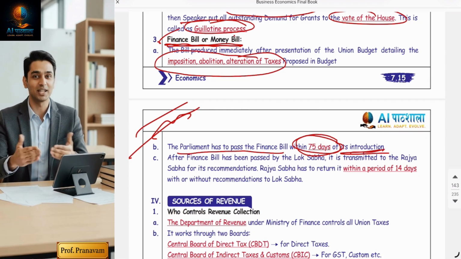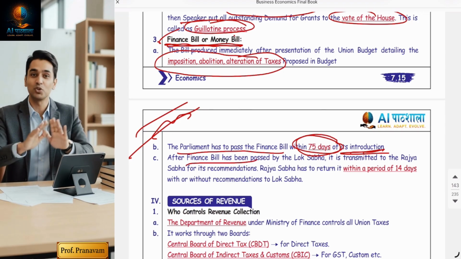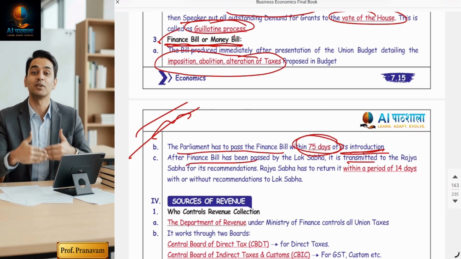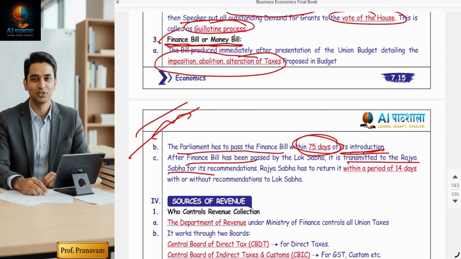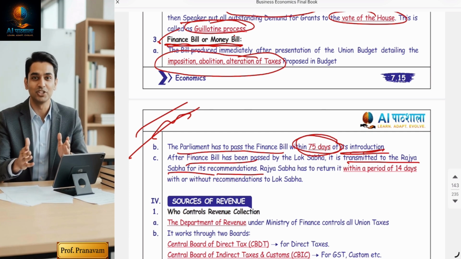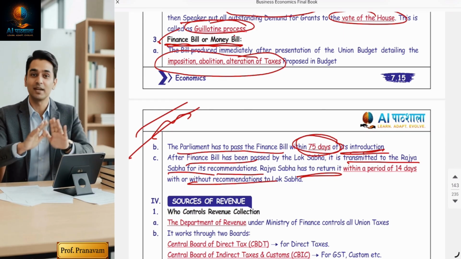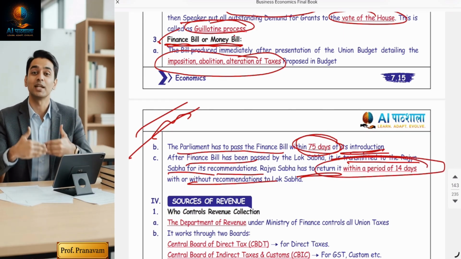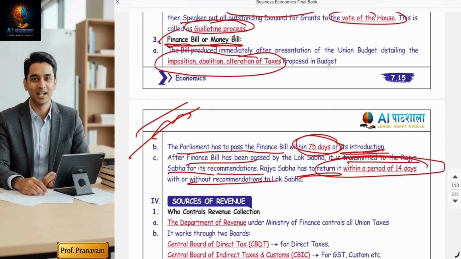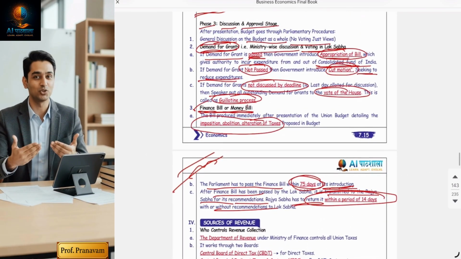After passing in Lok Sabha, this finance bill is transmitted to Rajya Sabha for recommendations, and Rajya Sabha has to return this bill with any suggestions and recommendations within 14 days. Is it? Yes.